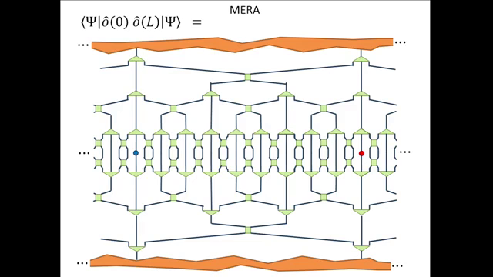But we can imagine that this system is infinite, so n went to infinity. I'm also going to assume translation invariance, which means that this tensor and this tensor and this tensor, they are all the same, and this tensor and this tensor and this tensor, they are all the same, okay? So when you move horizontally, all the tensors are the same.